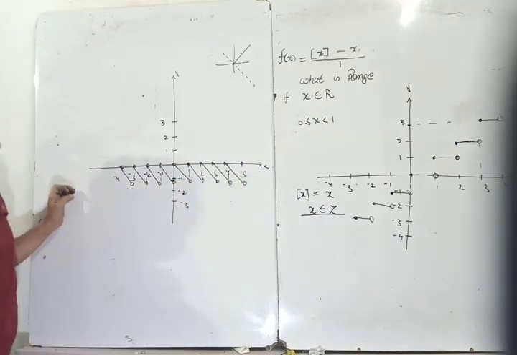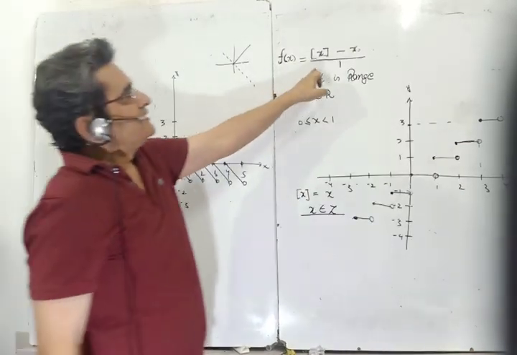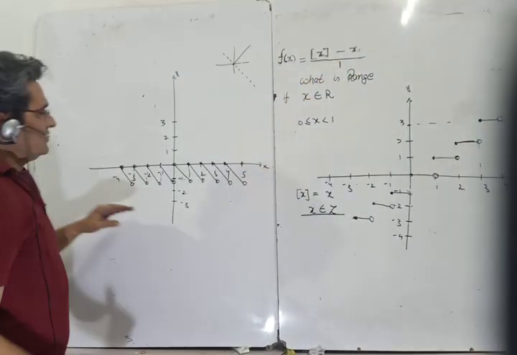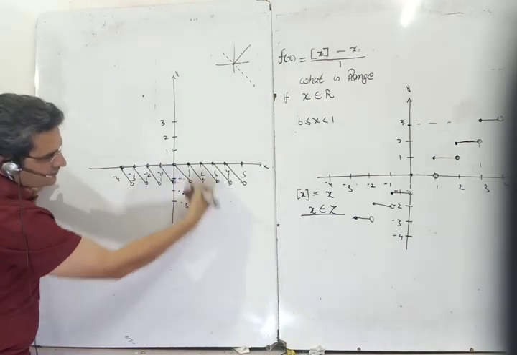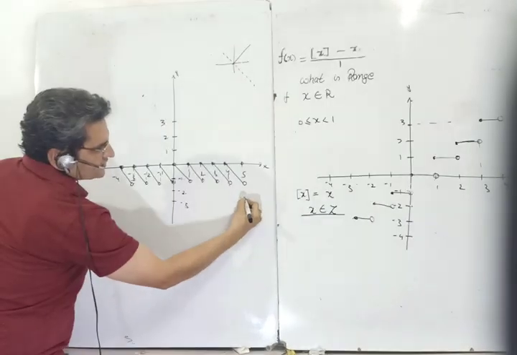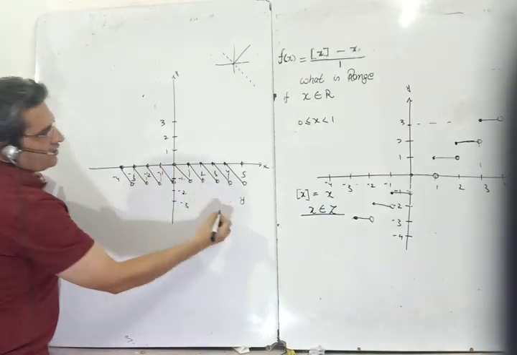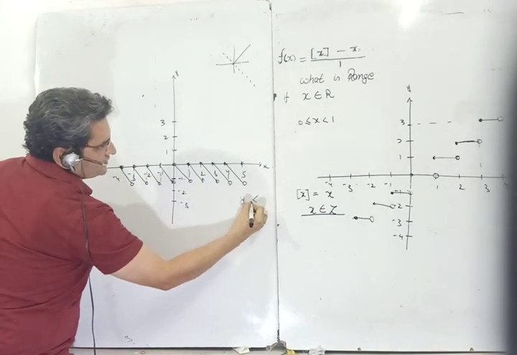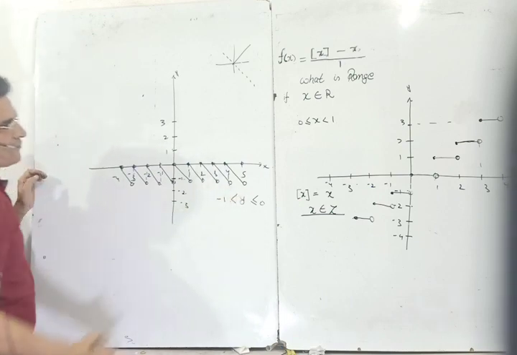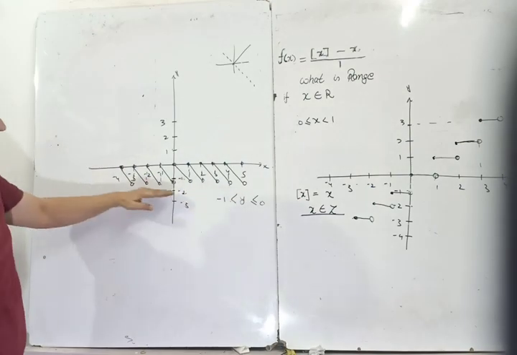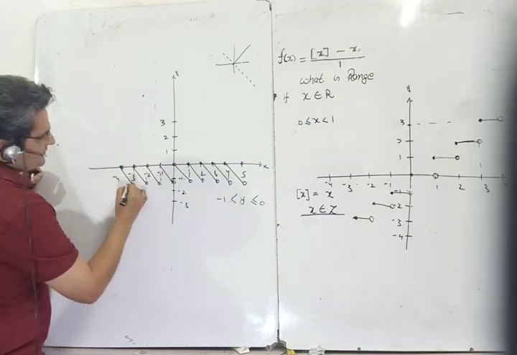Now if it is divided by some number, here the lowest value it was falling to, I could say y was always less than or equal to 0 and greater than minus 1. It was not reaching minus 1. This was the lowest limit.